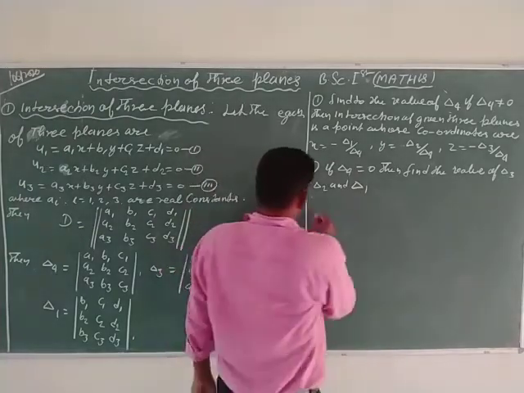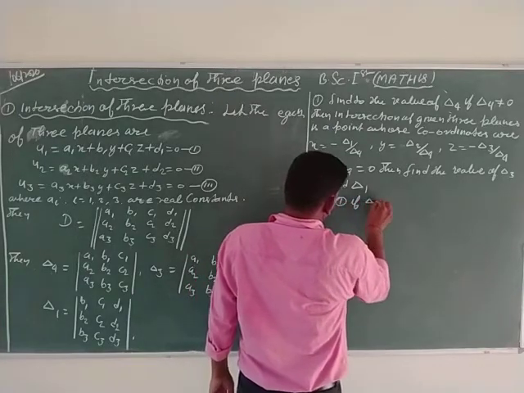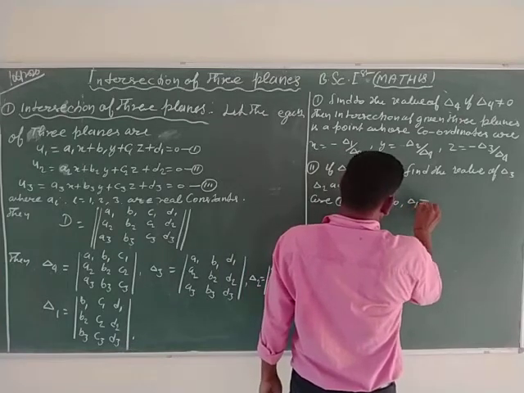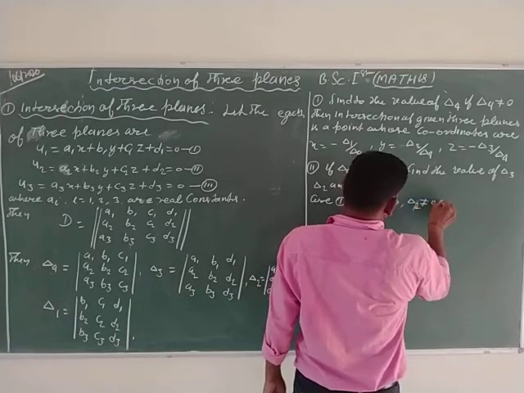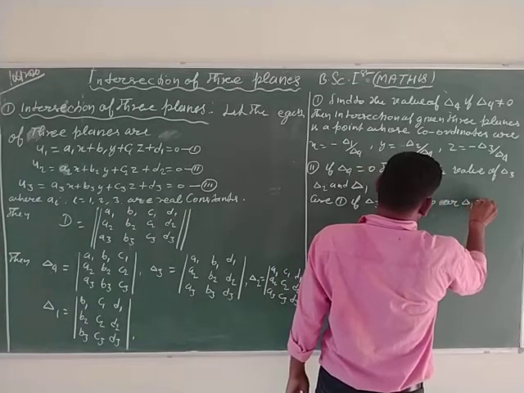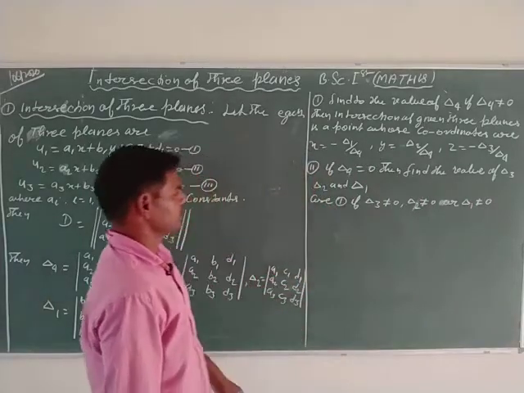Suppose the first case: if delta 3 is not equal to 0, delta 2 is not equal to 0, or delta 1 is not equal to 0. This is the first subcase.